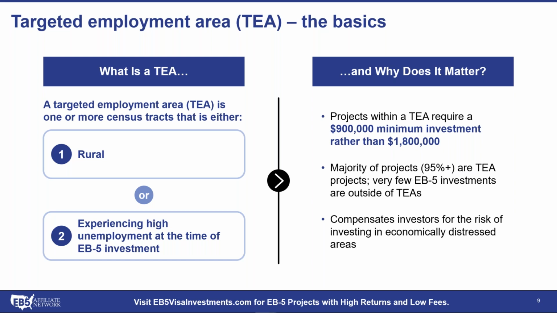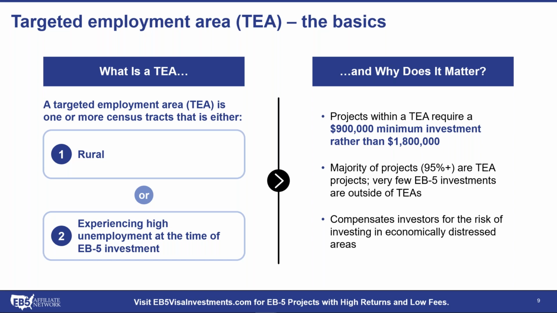If you're in one of these areas, either rural or high unemployment, TEA, then the minimum investment amount for an EB-5 investor in your project is $900,000 instead of $1.8 million. And so because that is a very significant difference, $900,000 less, almost all projects are located in TEA areas.